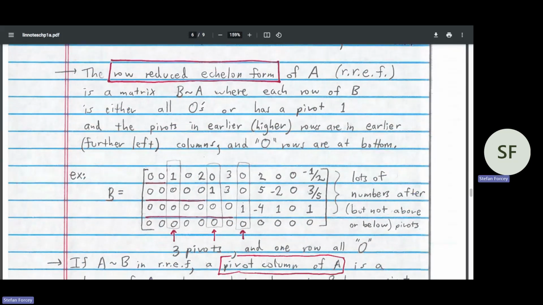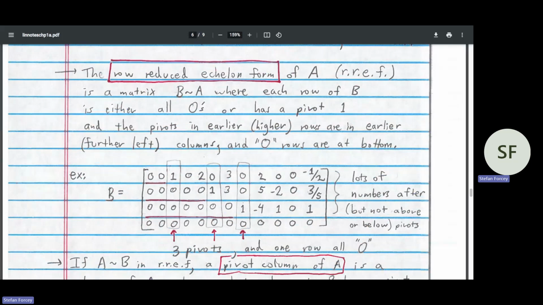So here's an example of a matrix which is in row reduced echelon form. Notice that there's a couple of columns of zeros and a row of zeros at the bottom, and each row is either all zeros, like that last row, or it has a pivot. The first 3 rows do have a pivot, and I put a box around it so you could see where the pivot was.